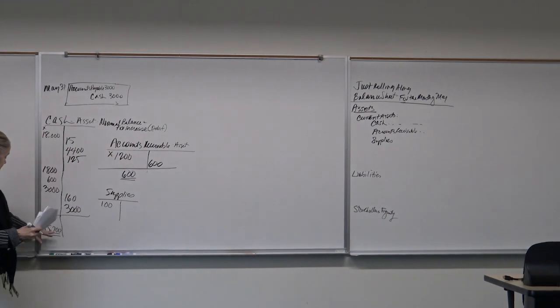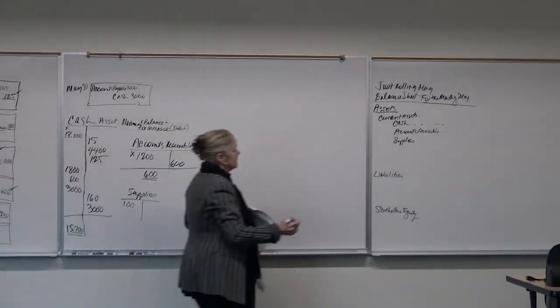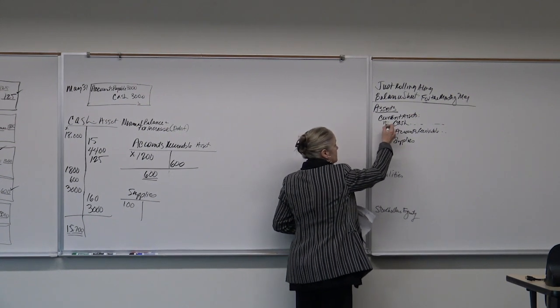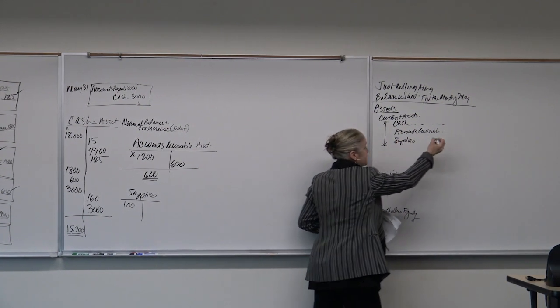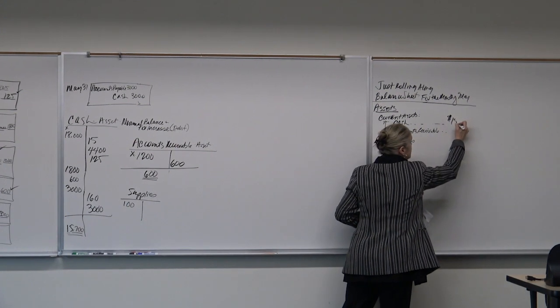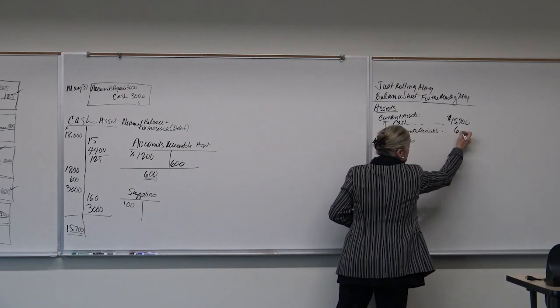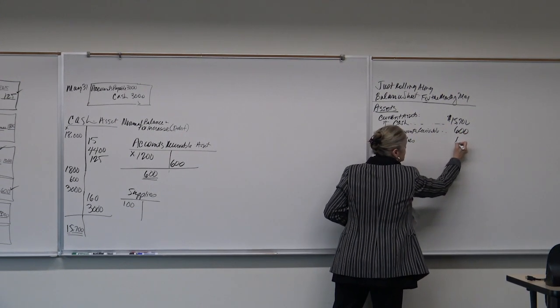We have cash at 15,700. And remember, we're going from most liquid to least liquid here. So we have 15,700 in cash. Accounts receivable, we have 600. And we have 100 in supplies.